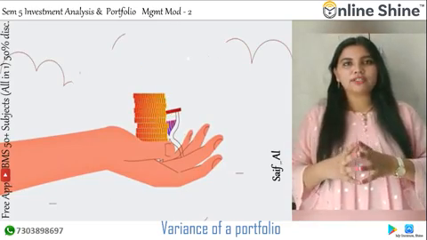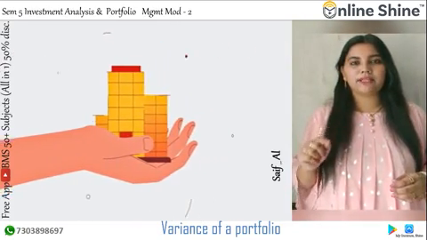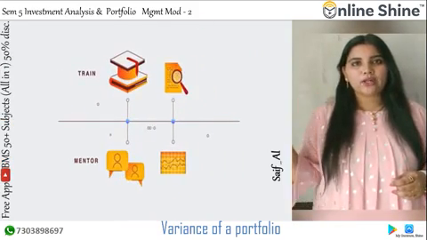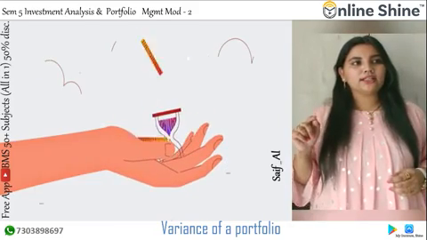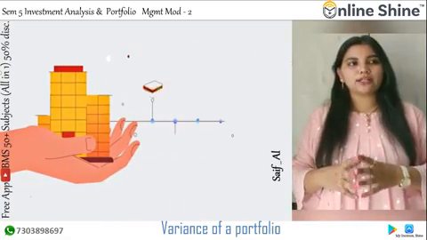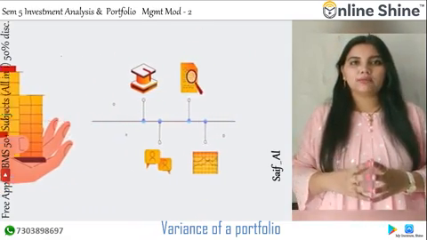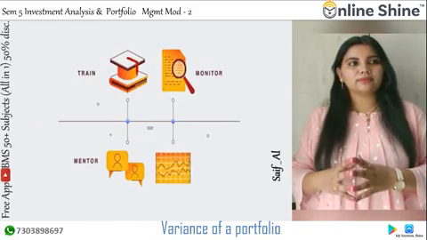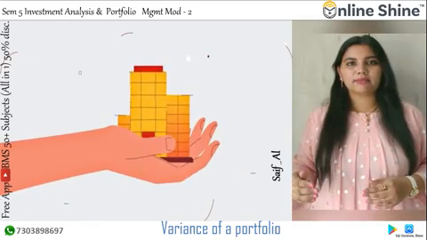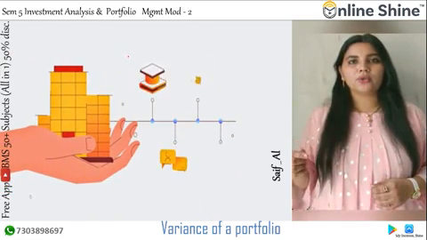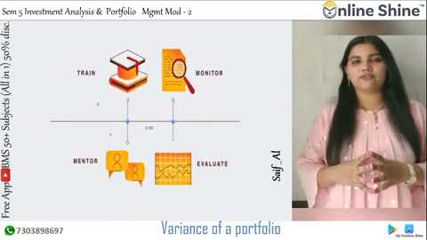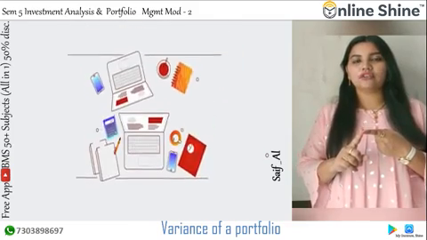So the portfolio standard deviation formula is sigma p, that is standard deviation of portfolio, equals square root of WA square sigma A square plus WB square sigma B square plus WA WB and sigma A sigma B into correlation coefficient rho.